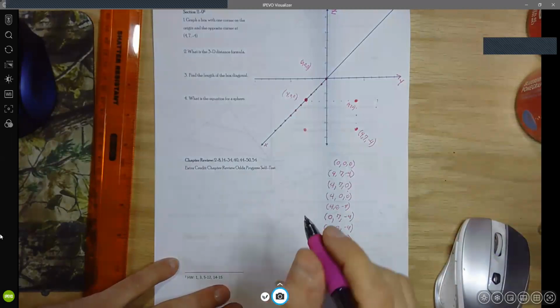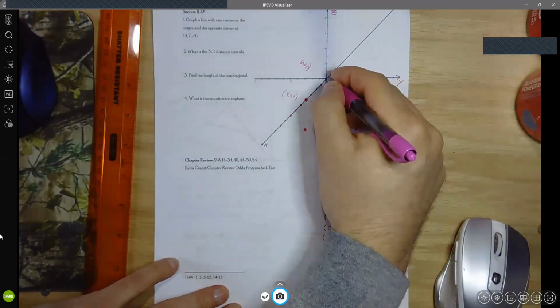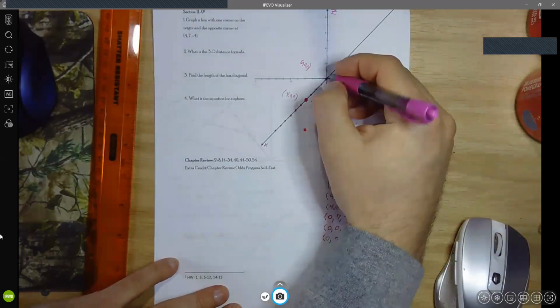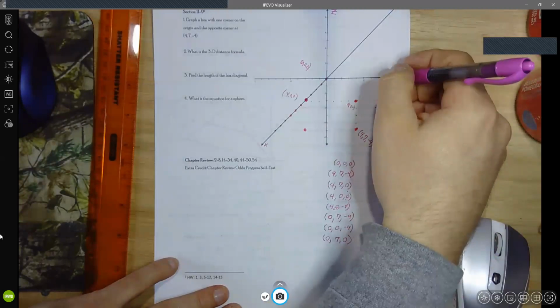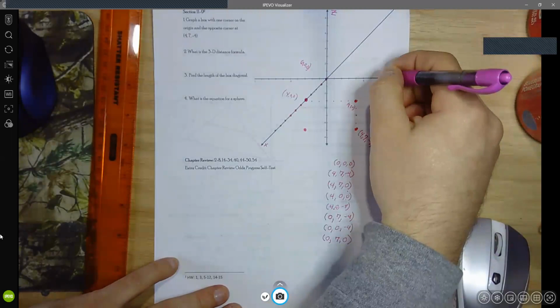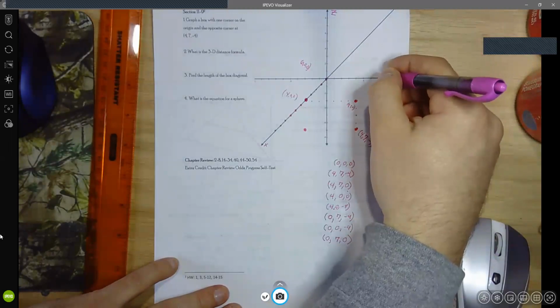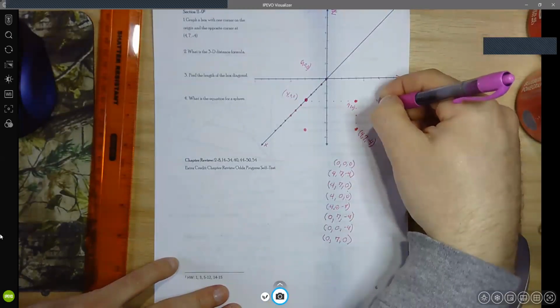Okay. Now we do 0, 7, -4. So 0 in the x, but 7 in the y, which takes me out to here. And then -4 in the z. So that takes me to right here.